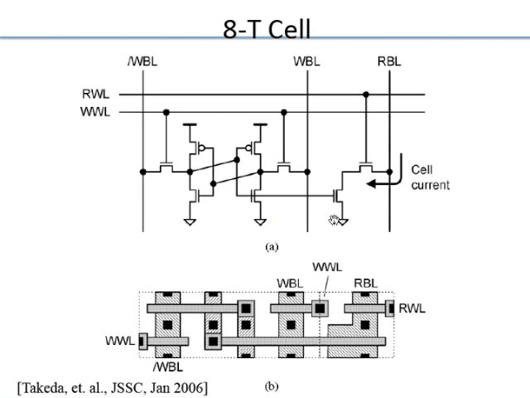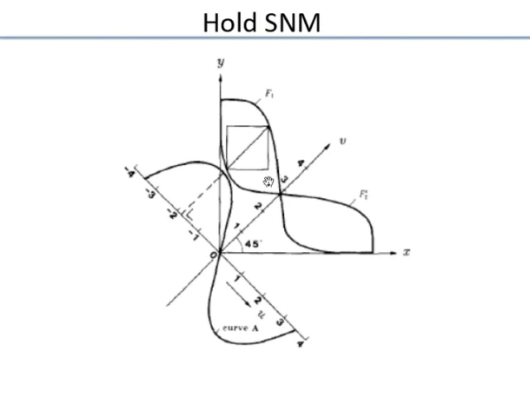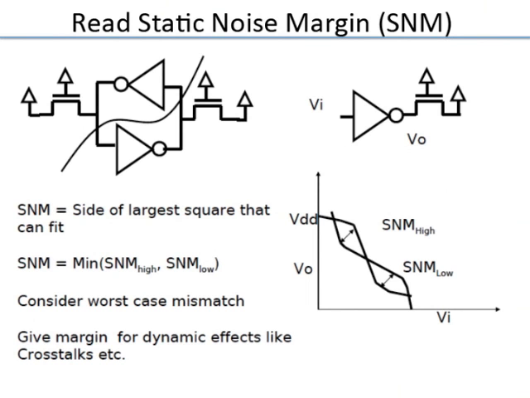So the question is, why not also look at changing the W by L in Read SNM? Can we do something with the sizing of this inverter and do something to this graph?